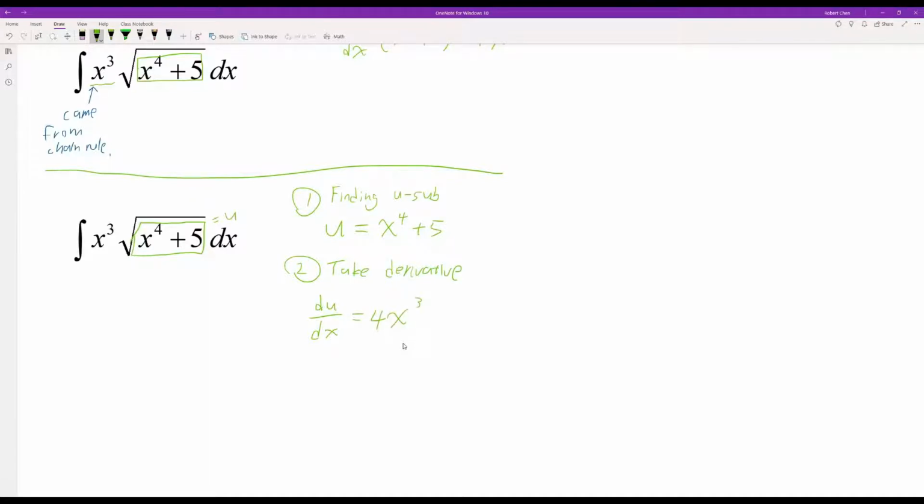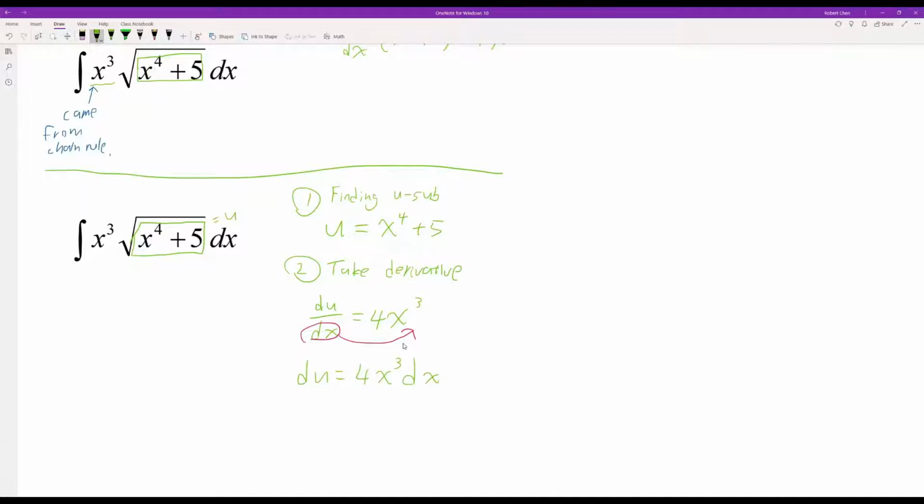Next, I'm going to multiply the dx to the right-hand side, and then we will have du is equal to 4x cubed dx.